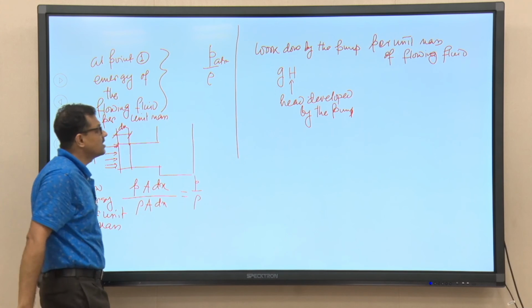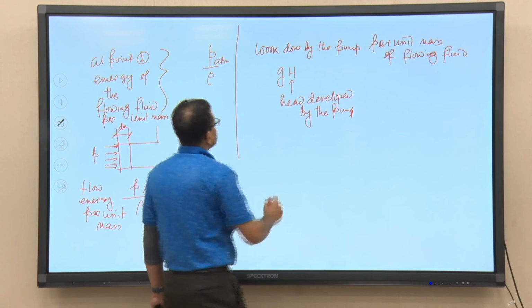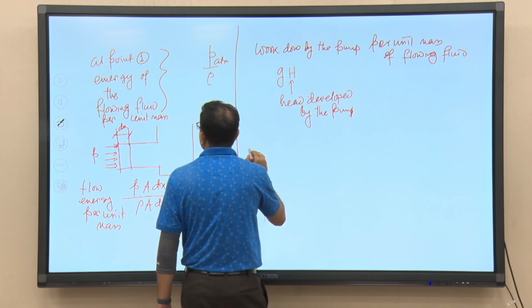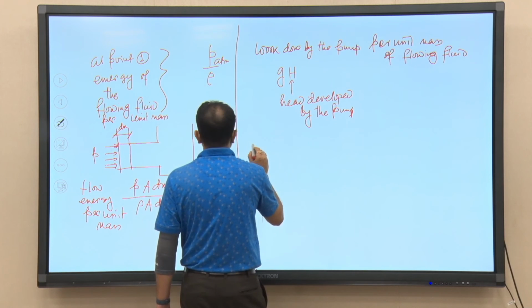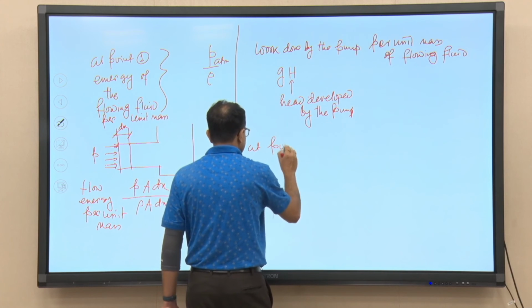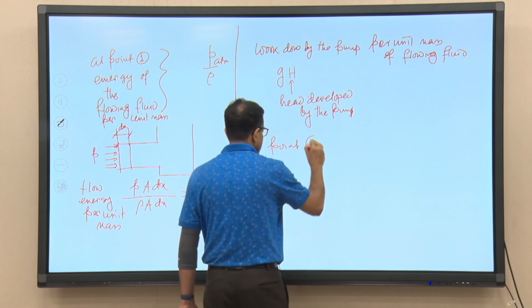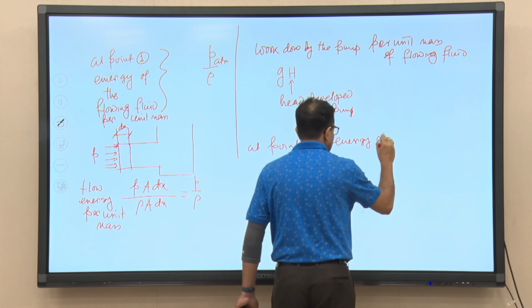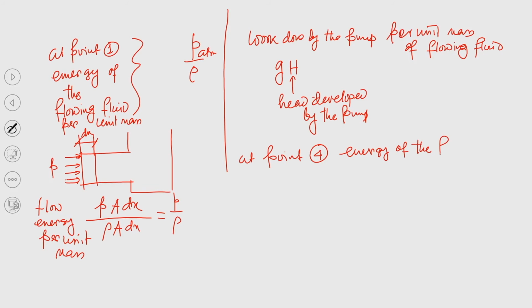So, what is the work done? At point 4, what is the energy of the flowing fluid per unit mass?